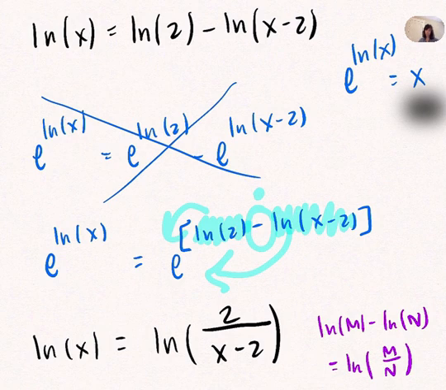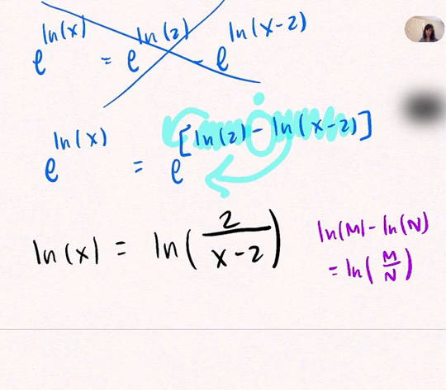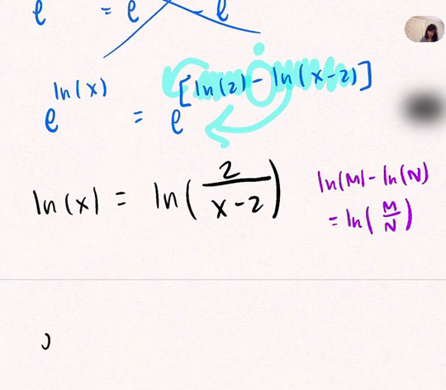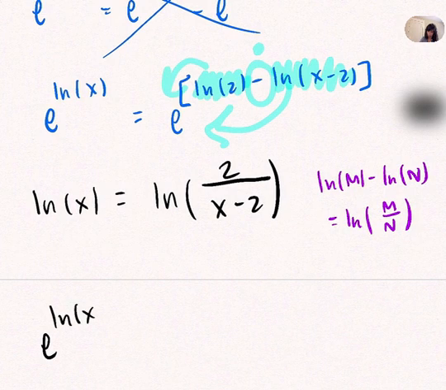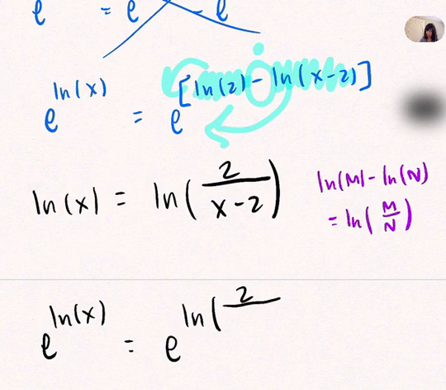That's one of our log properties. Now that you just have a single log on either side, so you have one log on the left and one log on the right, you can put e as the base of both of these. And this is algebraically correct. And you can then cancel these away.